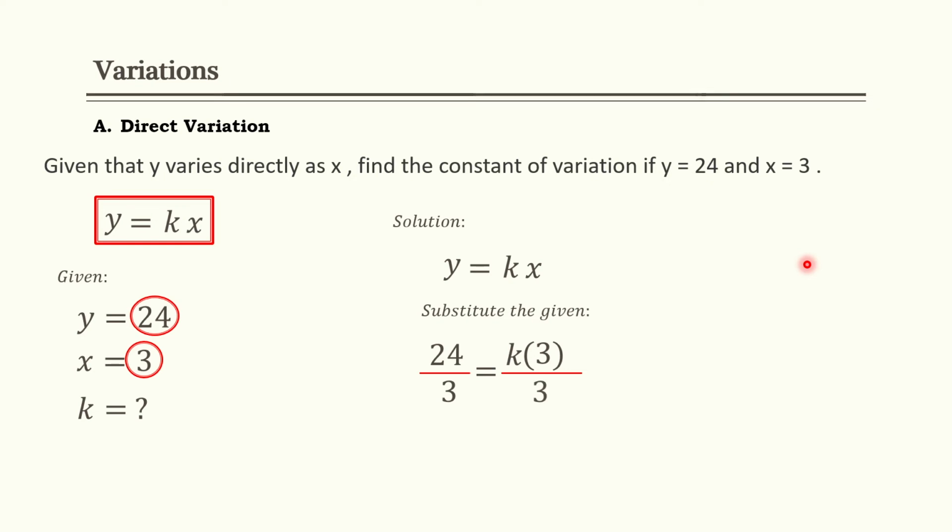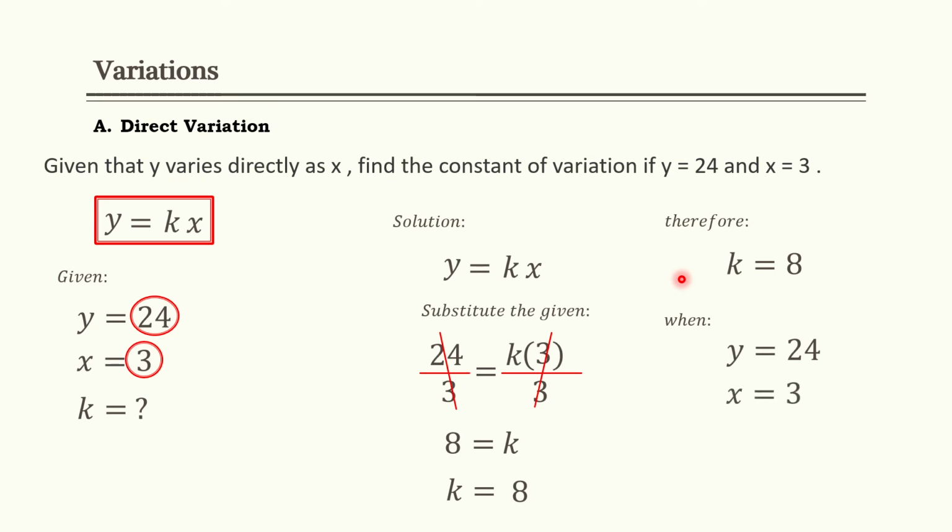So, dividing both sides by 3, 24 divided by 3 is 8, equal to 3 divided by 3, which is 1, so what remains is k. Meaning 8 is equal to k, or our constant k is equal to 8. Therefore, k is equal to 8 when y is equal to 24 and x is equal to 3.